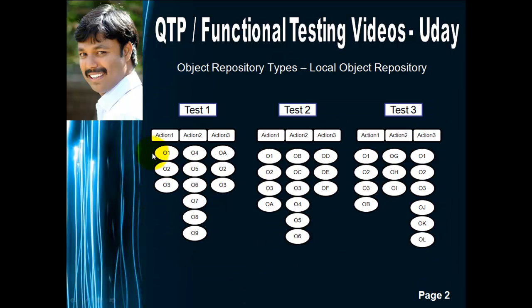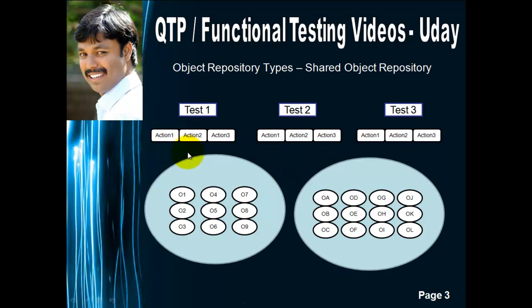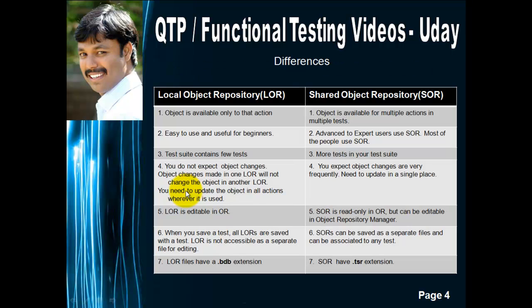This object 1 in here will be accessible to this action only. Whereas in a shared object repository, this object 1 can be accessible to all the different tests, once we associate these shared object repositories to any of the tests. For those tests, this object will be available.